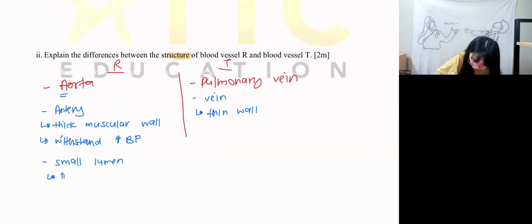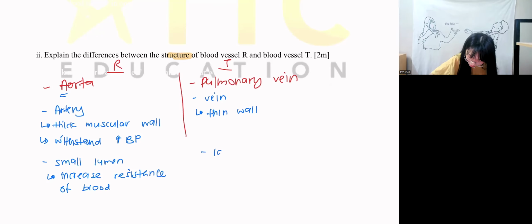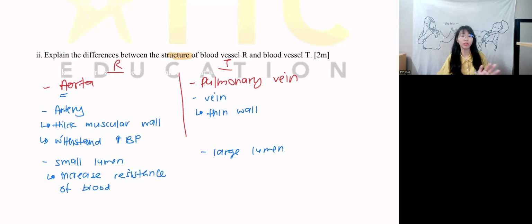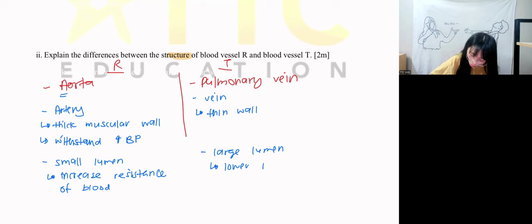So you're going to say they increase resistance of blood. This one has a larger lumen. A larger lumen doesn't have to increase resistance because they have a lower blood pressure. That's why they don't need to have a small lumen.